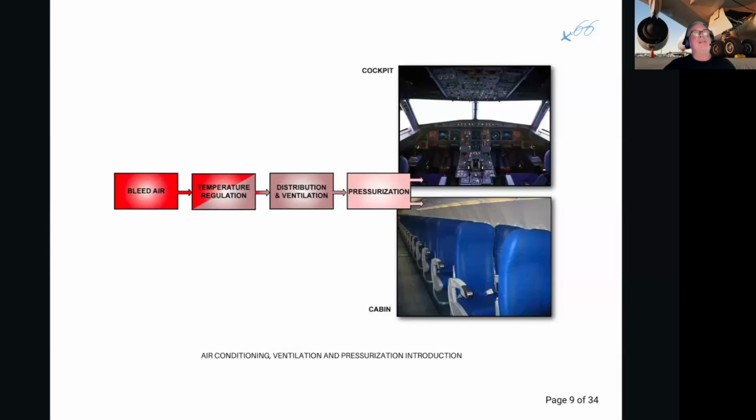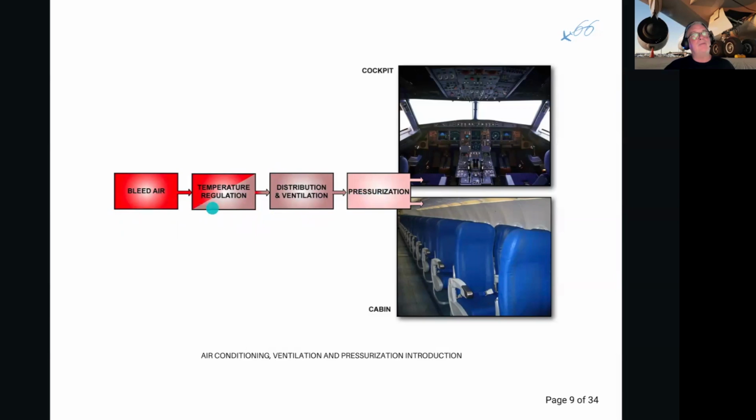Right, in terms of air conditioning, we did say we take the hot bleed air, and you can see again the colors change here. We get the hot bleed air and we temperature regulate it, and then we distribute it, and we use it also to pressurize the cabin.